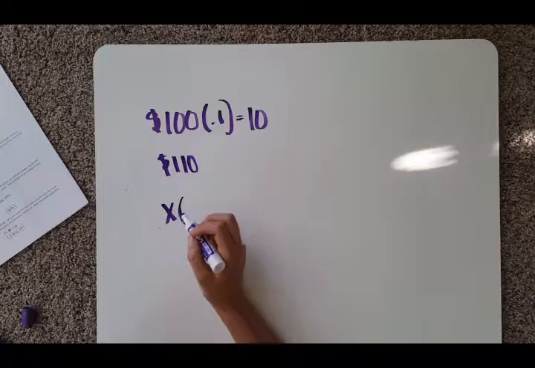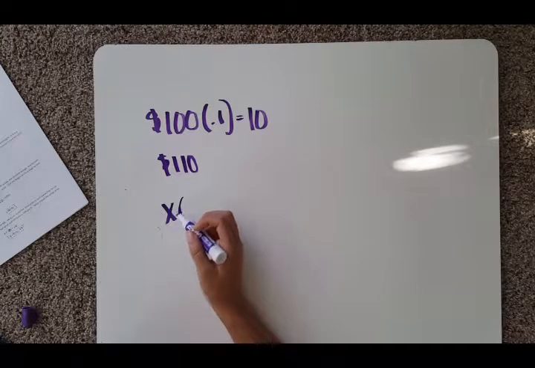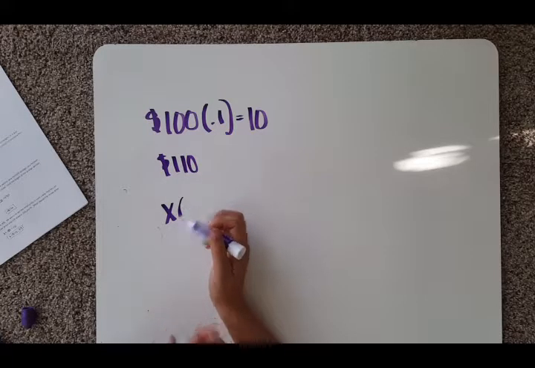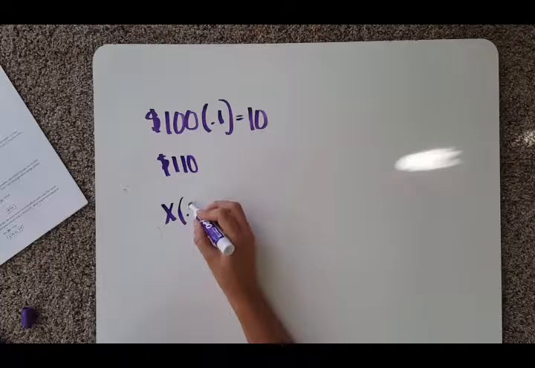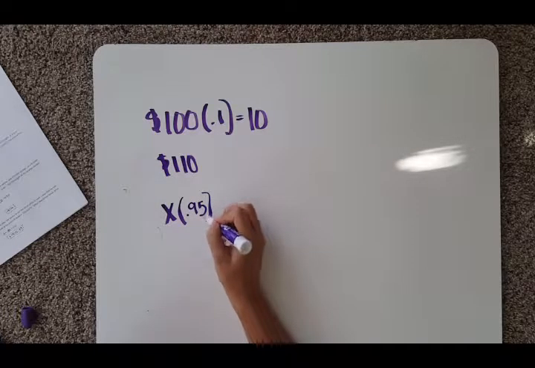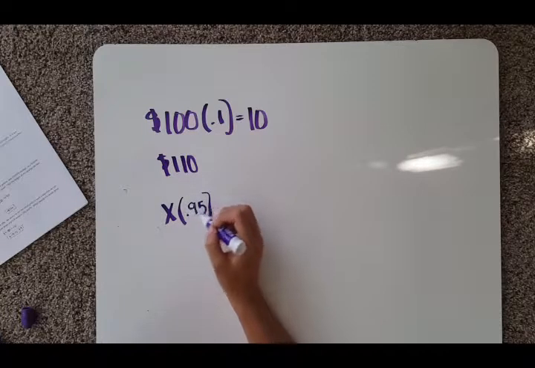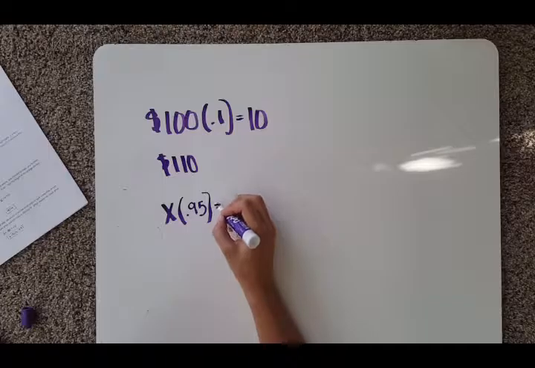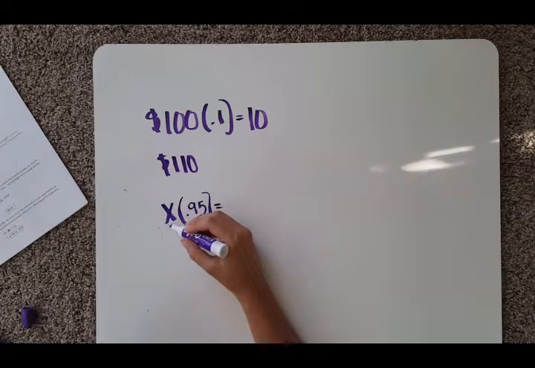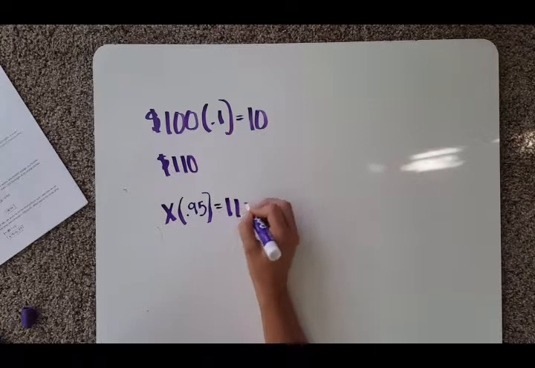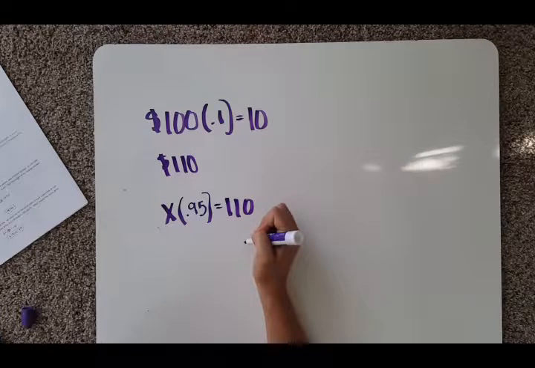Now, the customer needs to get a 5% discount. So if we multiplied X times 1, it would just be the same price. They wouldn't be getting a discount at all. But if we multiplied it by 0.95, that's equal to the customer paying 95% of the price, meaning they get 5% of the price off. So if they pay only 95% of this price that he's asking, it needs to equal $110.